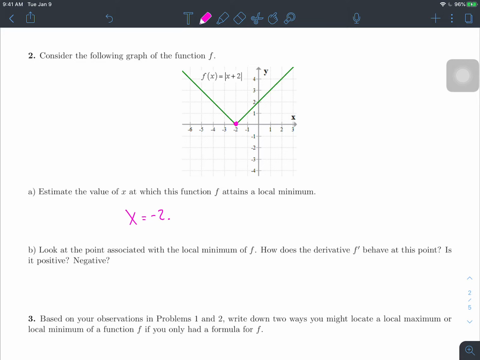Now herein lies the issue with our previous hypothesis. How does the derivative f prime behave at this point?